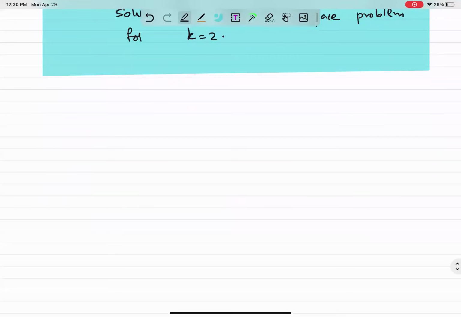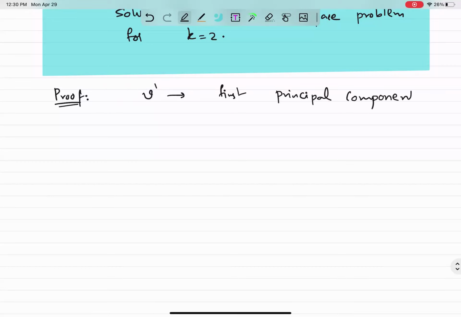So what does it mean more precisely? So you have the first principal component. Okay. And then you also have the second principal component. Okay.